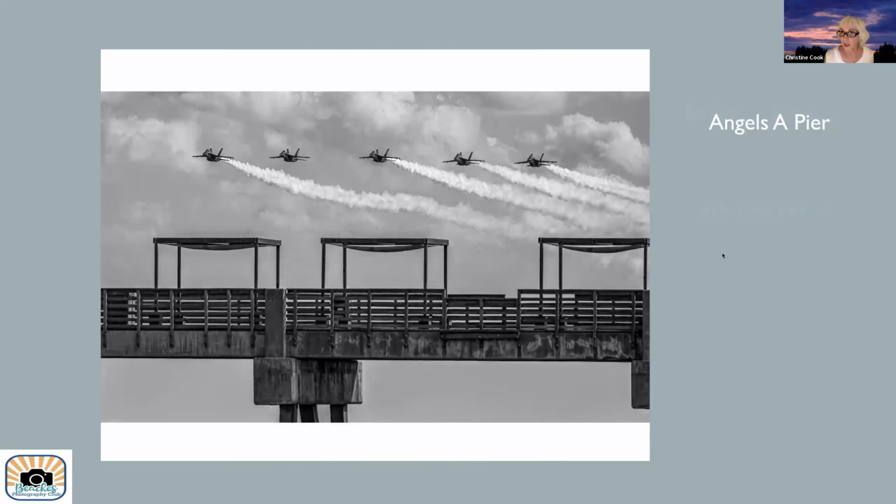Angels appear. I like the fact that there's an odd number of planes zooming over an odd number of whatever these structures are here. And the trails, oh, I just noticed that this trail is missing.